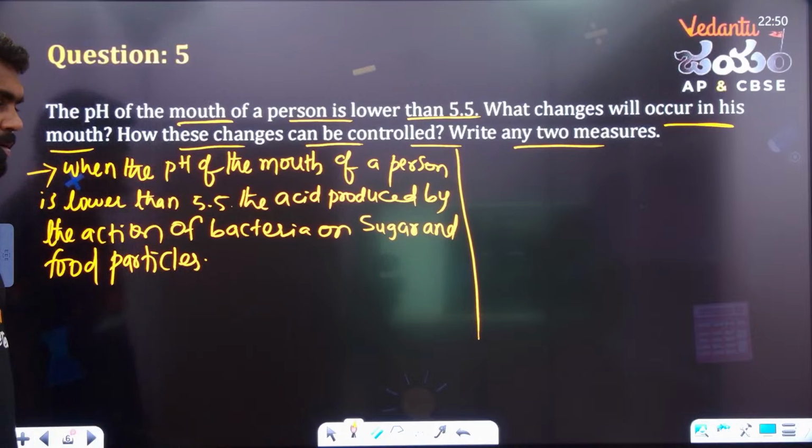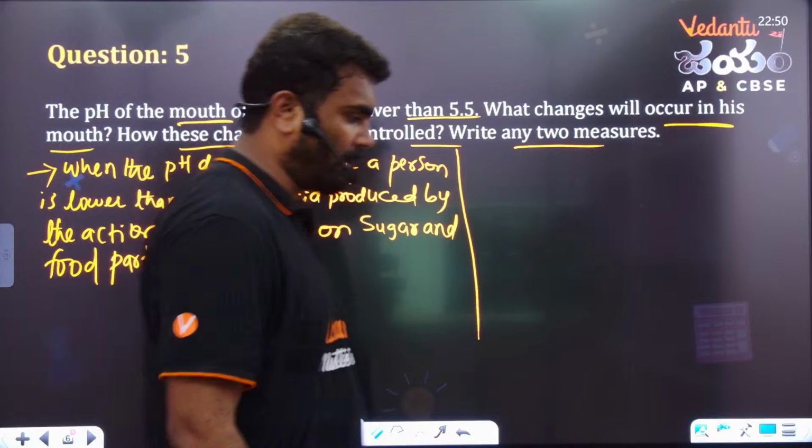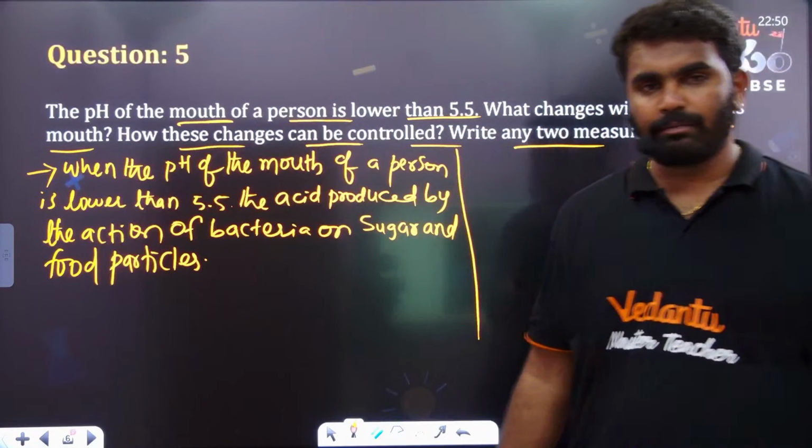Okay, so that is in the mouth. So what we can say, in the mouth it corrodes even.